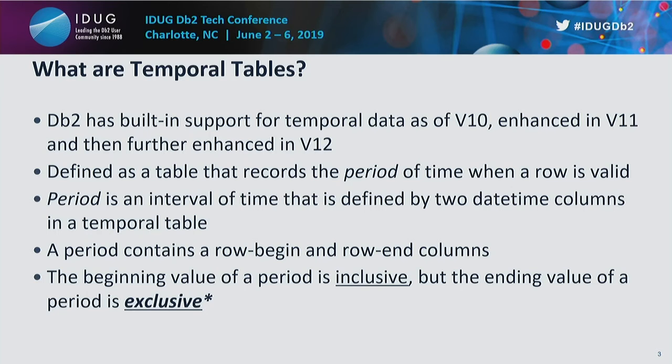And again, as I did mention before, they have been greatly expanded upon since their initial release in version 10. One of the big things to make note of is that the beginning and ending period values are an inclusive-exclusive relationship by default. In version 12, that's been expanded upon, so now you can override the default to be an inclusive-inclusive, and that's defined when you create your period table. That's a great new feature because I work in the insurance industry.